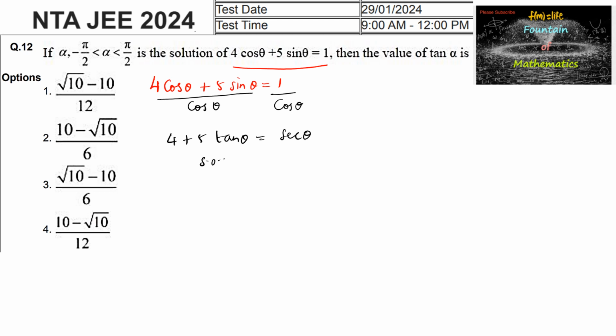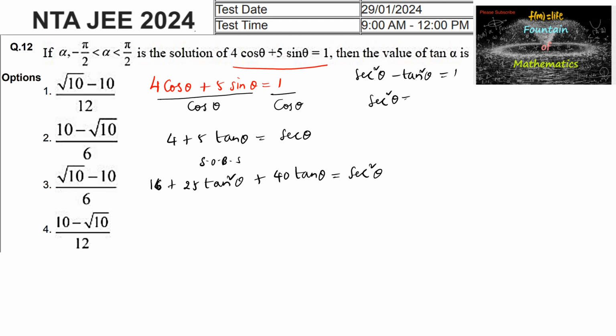Squaring on both sides, we have 4 square 16 plus 5 square 25 tan square theta plus 2 into 4 into 5, that is 40 times tan theta, equal to secant square theta, and we have secant square theta minus tan square theta equal to 1. So we can write secant square theta is equal to 1 plus tan square theta.